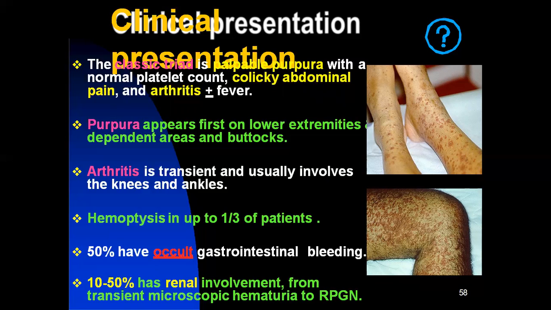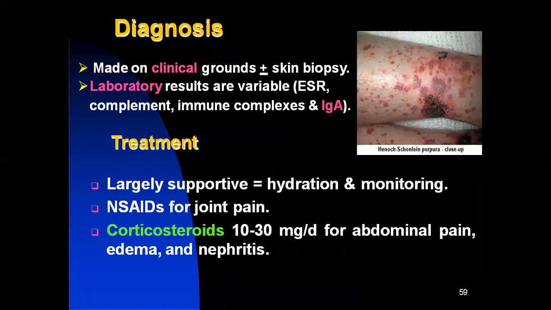Hemoptysis is seen in up to one-third of patients. 50% have occult gastrointestinal bleeding. 10 to 50% have renal involvement, and may also have microscopic hematuria and glomerulonephritis. Diagnosis is made on clinical grounds, with skin biopsy as a confirmative test. Laboratory results are variable for ESR and immune complexes like IgA.